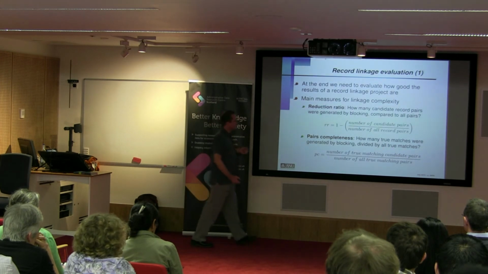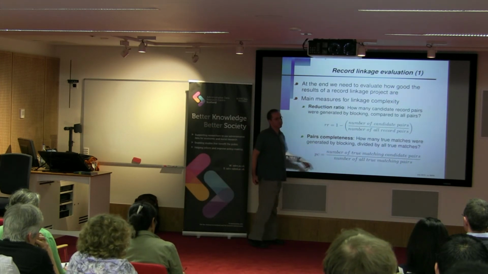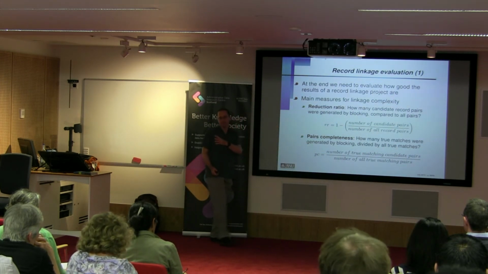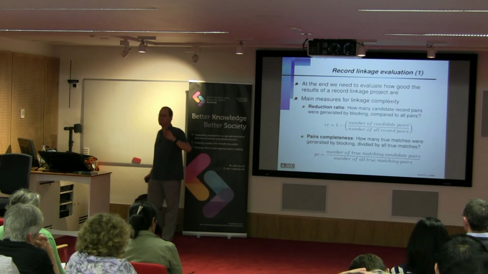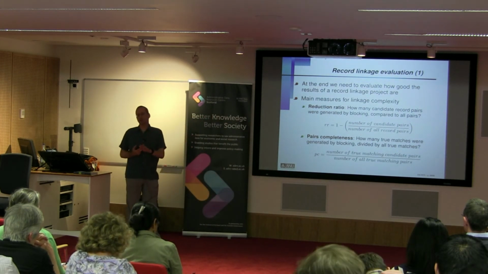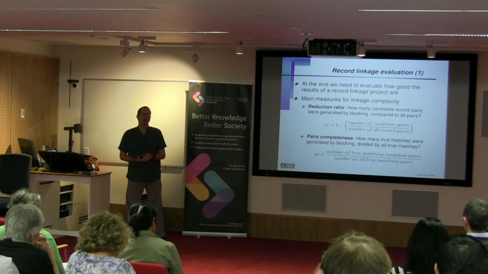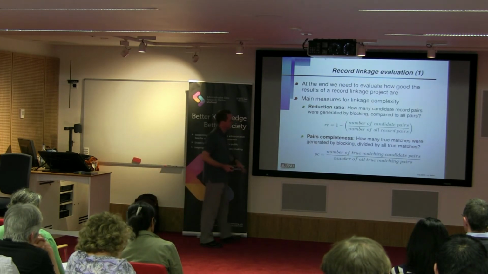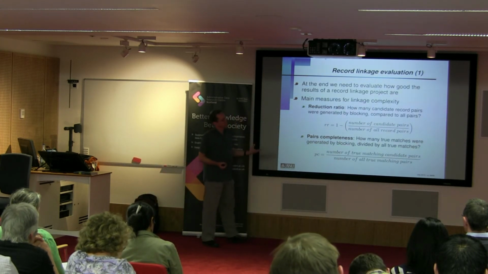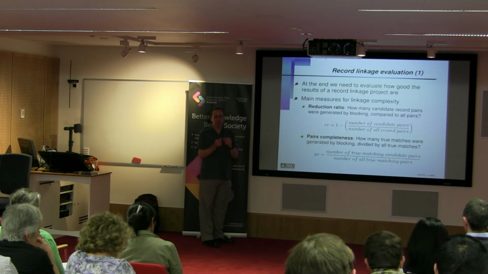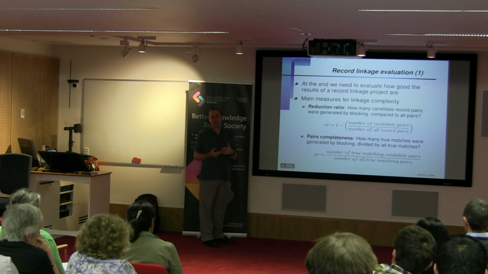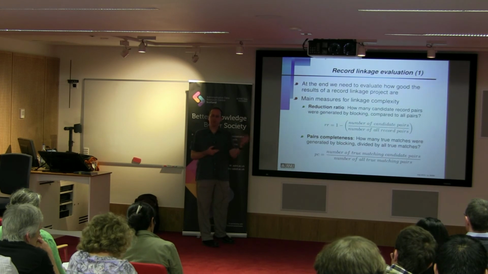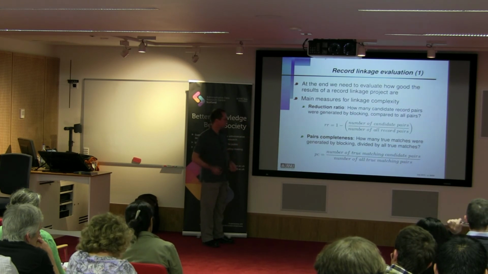So pairs completeness measures how many true matches have gone through blocking. How bad was blocking in removing true matching record pairs, which we don't really want to have, right? This could, for example, be measured by sampling a subset of record pairs and manually classifying them. That gives us an estimate of how many true matches we have missed, right?